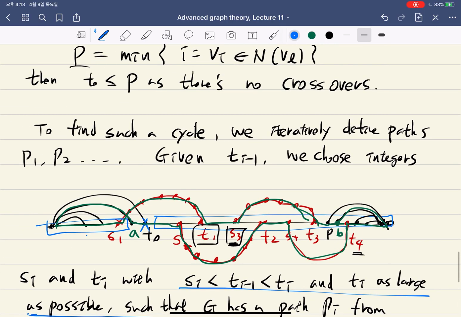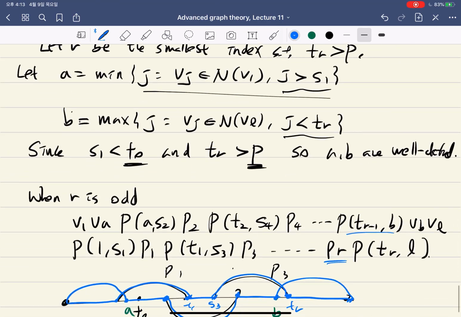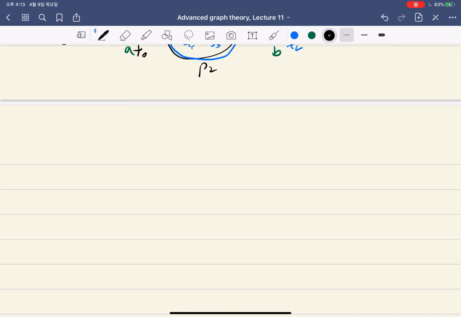When R is even, you do it in a similar way, but be slightly careful on the other end.